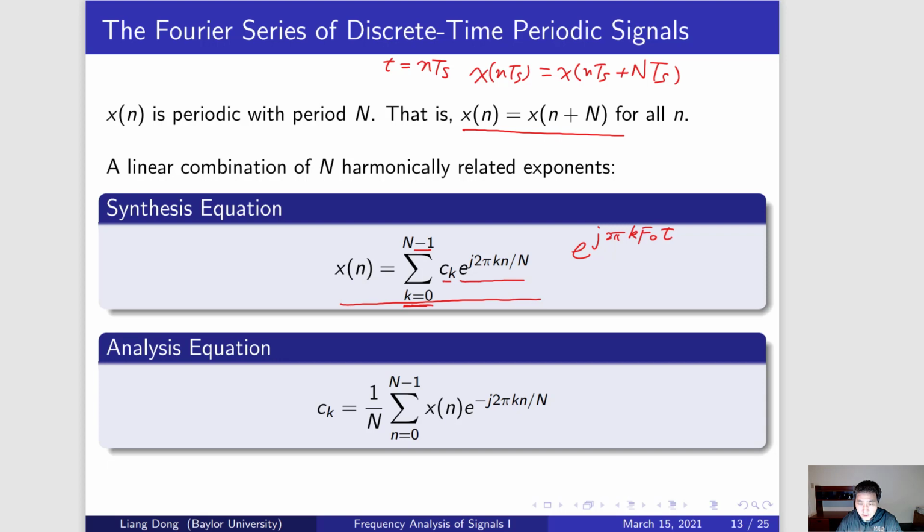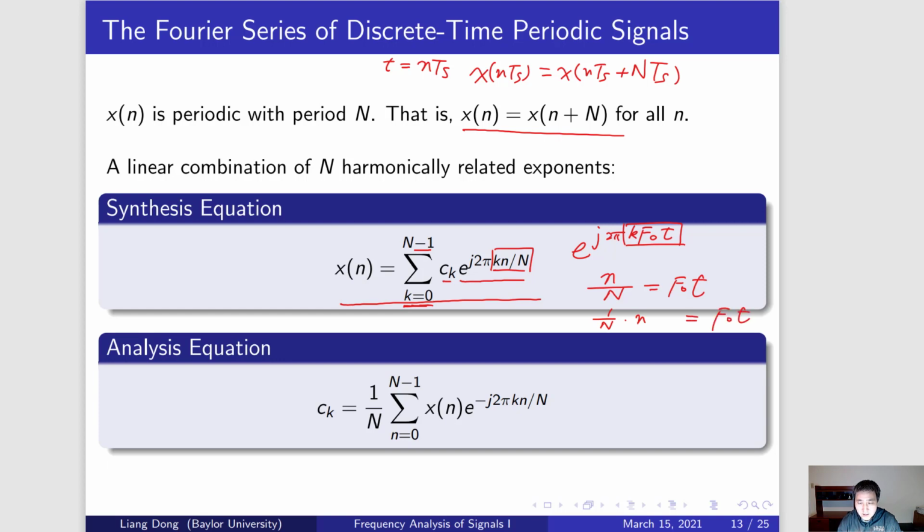Therefore, we know this part is equivalent to this part, and that gives us that n over capital N equals f0 t. If we look closely at this form, we know that n is the time index. So we have 1 over N times n equal to f0 t.